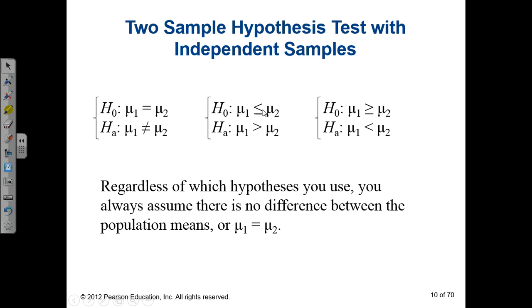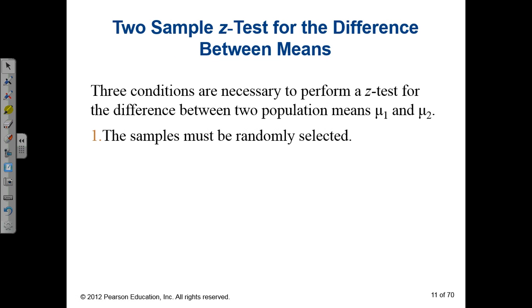Or mu1 is less than or equal to mu2 versus we think mu1 is bigger than mu2. And the third version of our alternative hypothesis is that we think mu1 is less than mu2. Regardless of which hypothesis you use, you always assume there is no difference between the two population means in the null hypothesis.